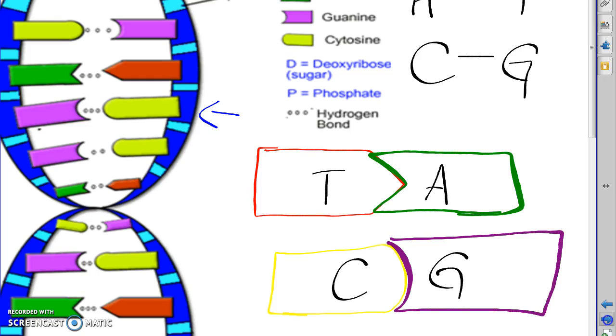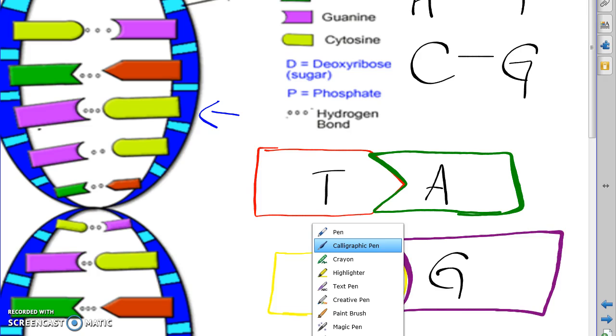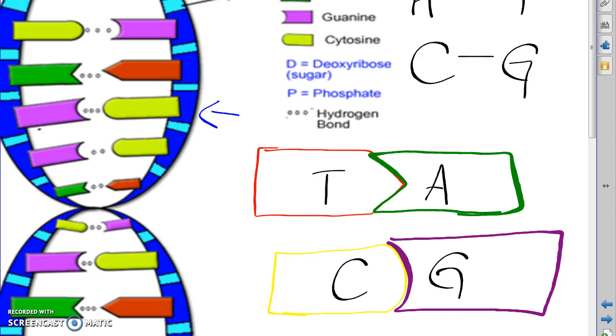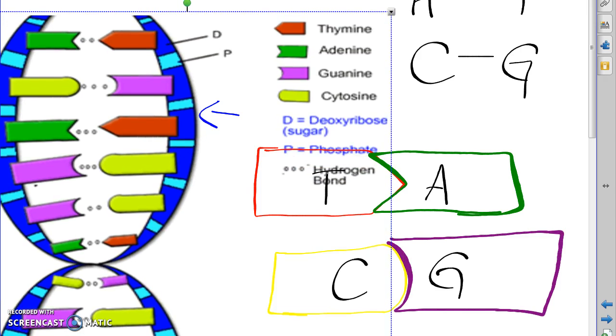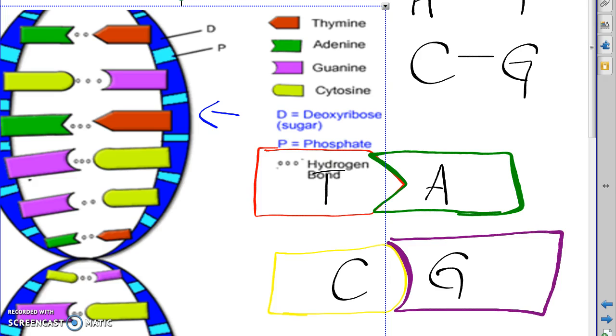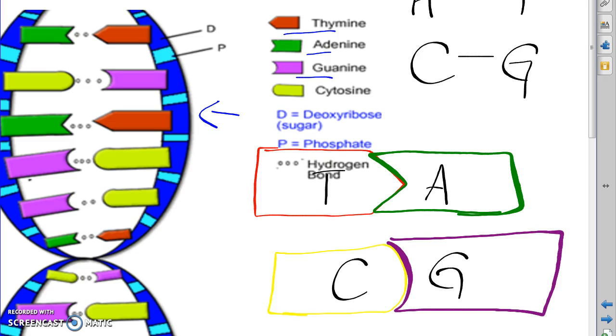If you look at this image of DNA, what you'll notice is that everything seems to be color-coded. And in fact, if we take a peek here, you'll notice the thymine is the red one, adenine is green, guanine purple, cytosine yellow. And that's really just to make it easier to identify.